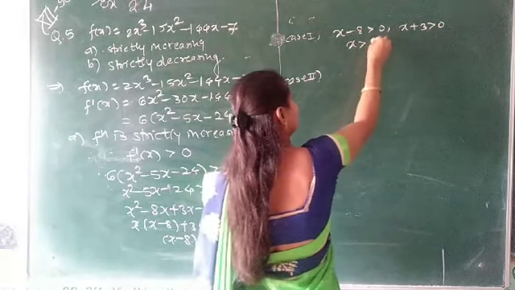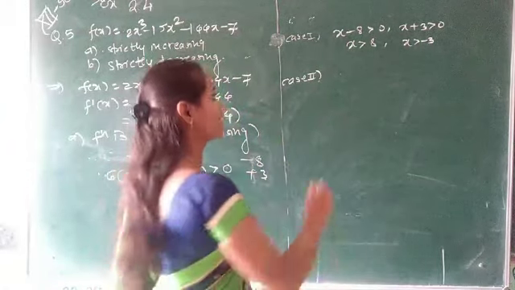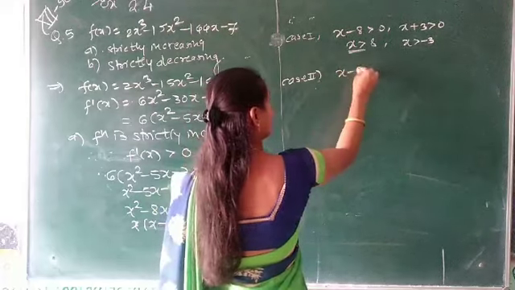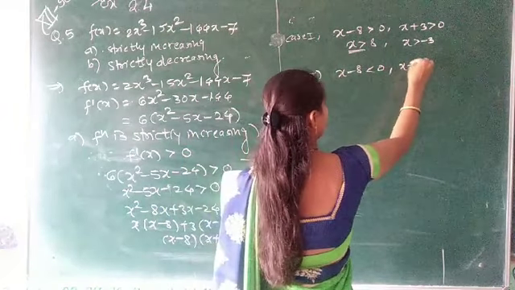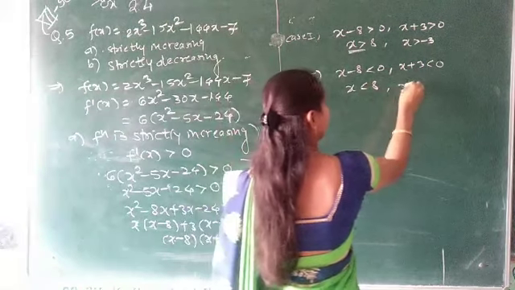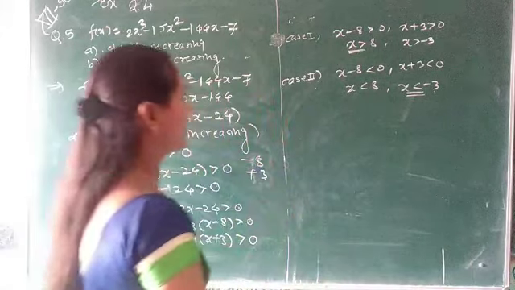Hence x greater than 8 and here x greater than minus 3. But the function is increasing, so take the greater value. Now here case second, x minus 8 less than 0 and x plus 3 less than 0. Hence x less than 8 and x less than minus 3. Again take x less than minus 3.